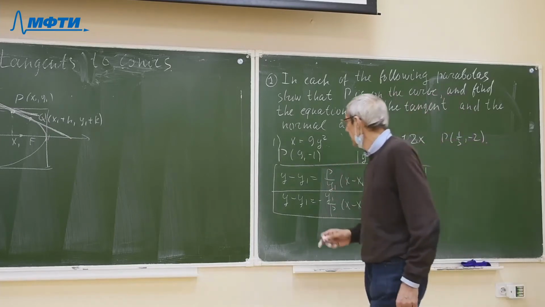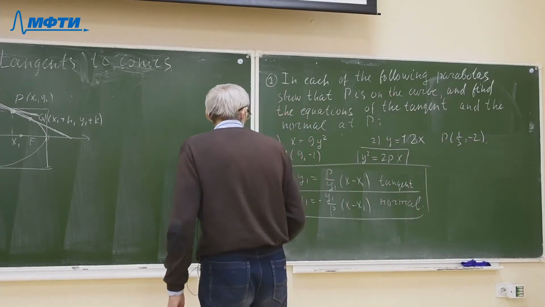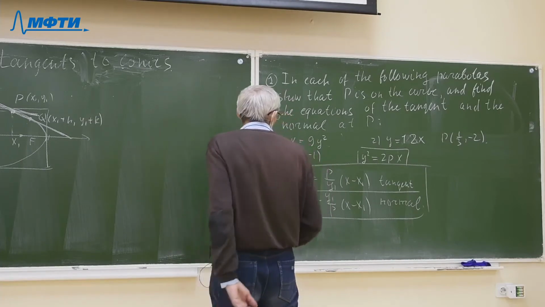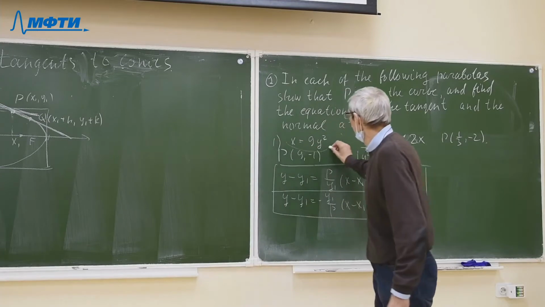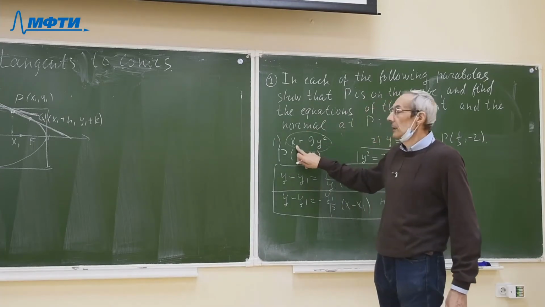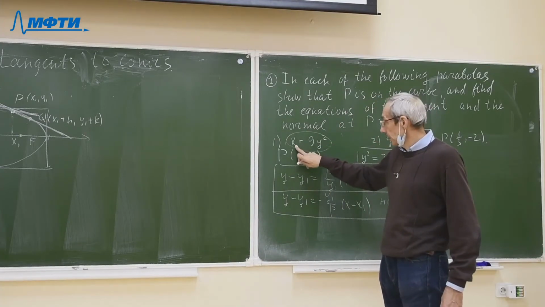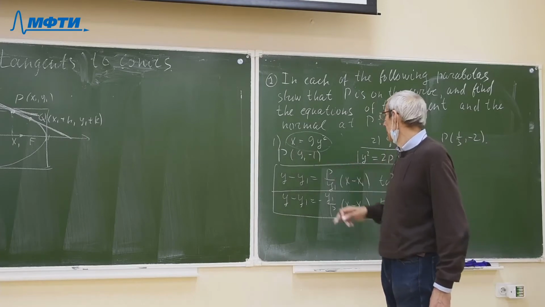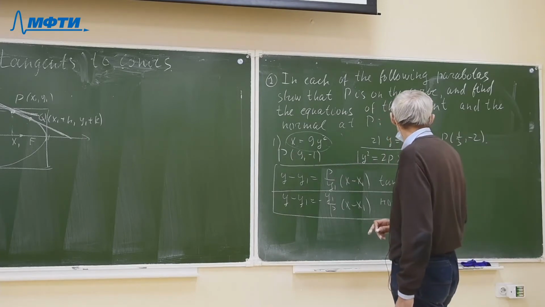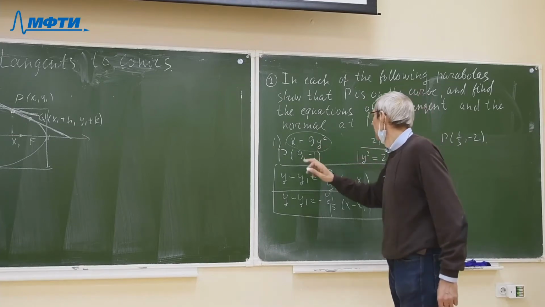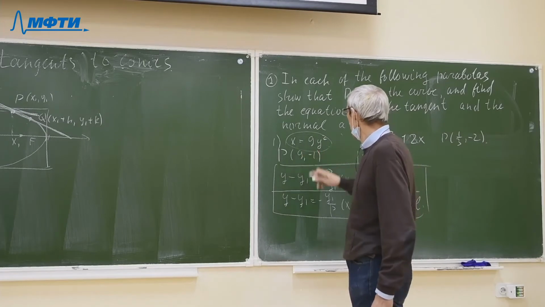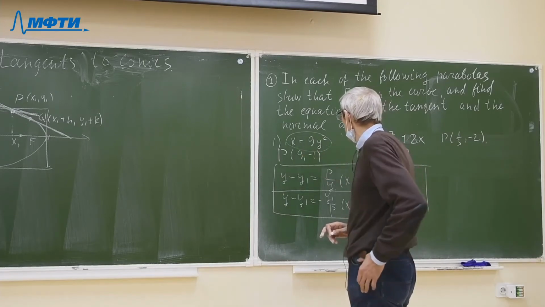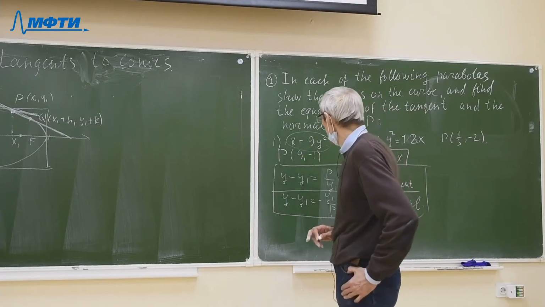In the first case, we have the equation in which the coordinate x is equal 9 y square.